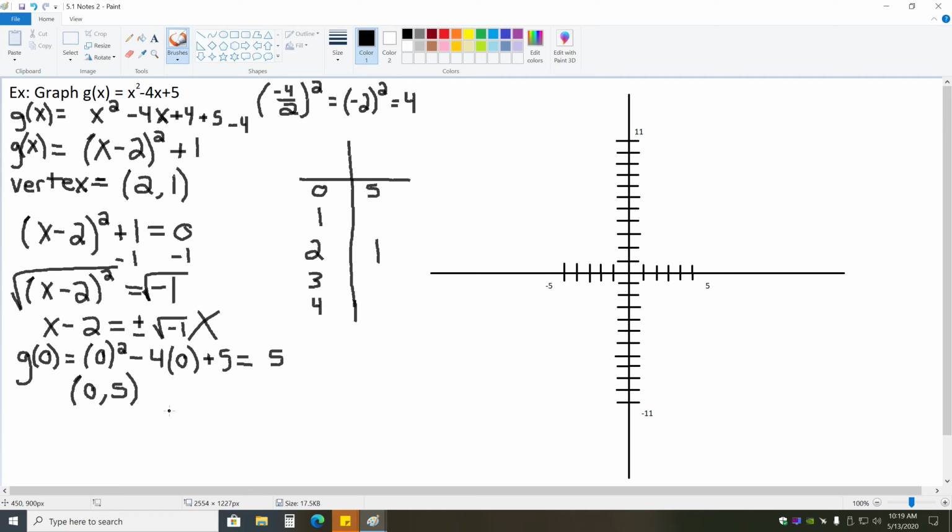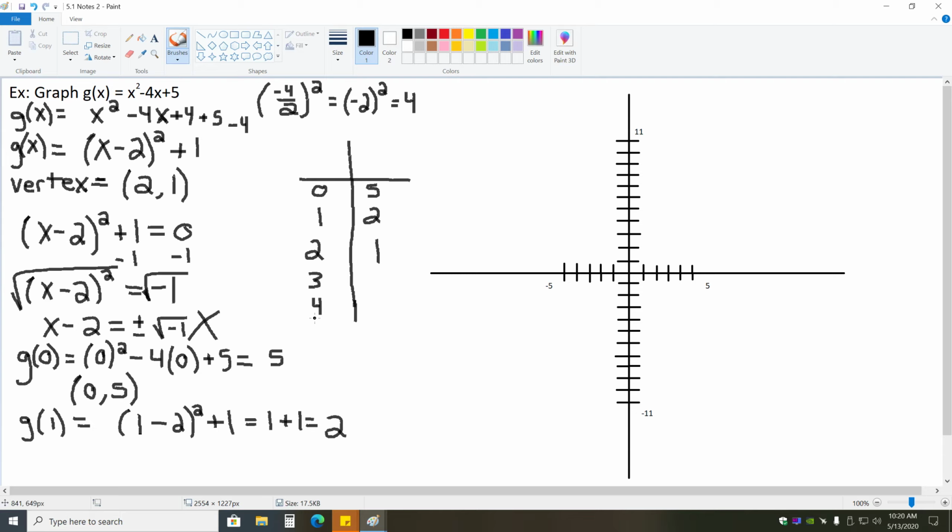So, writing these off to the side, we have g of 1 gives us 1 minus 2 quantity squared plus 1. 1 minus 2 is just going to give us negative 1. Quantity squared is positive 1. Plus this 1 gives us 2. So we have the point 1, 2.